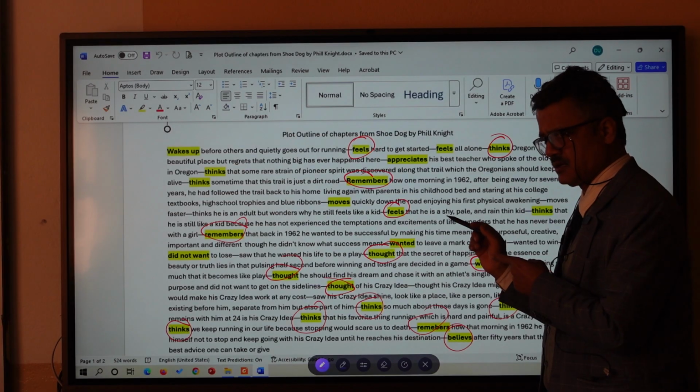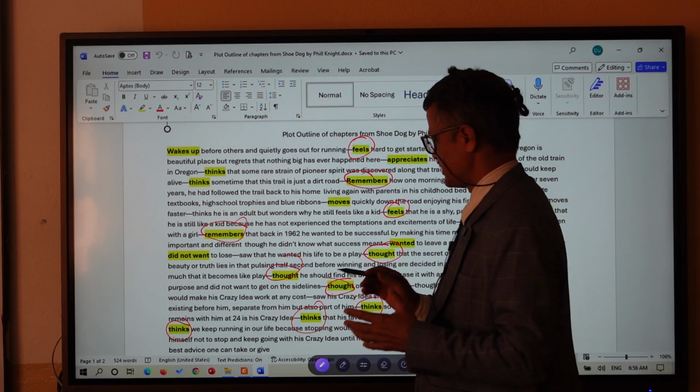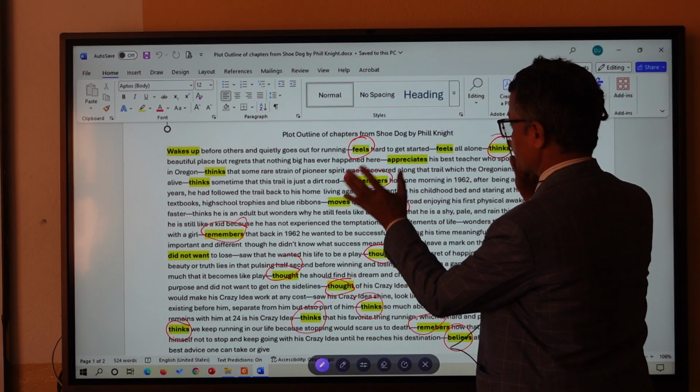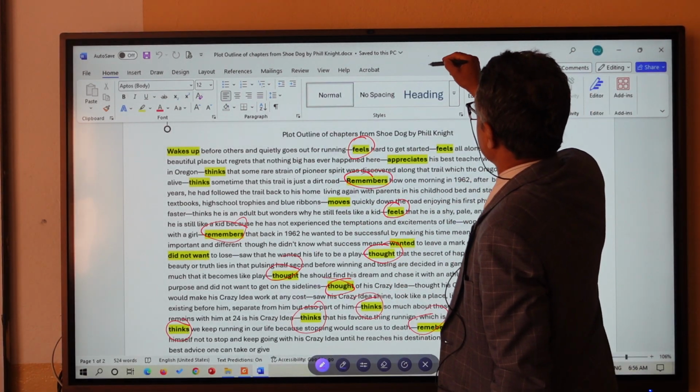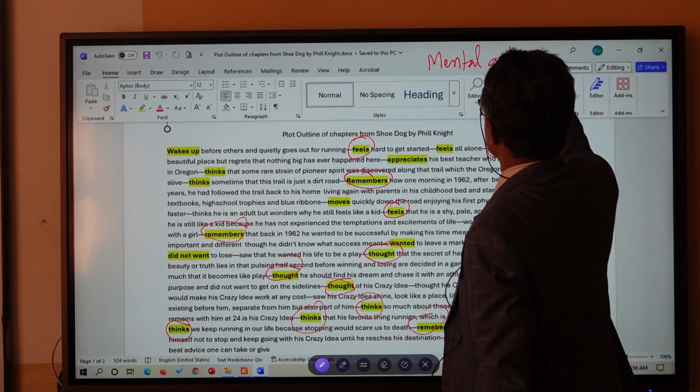So do you see, if you are a clever reader, you will understand that these verbs are showing mental activity.